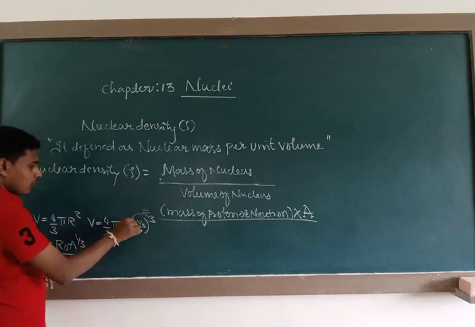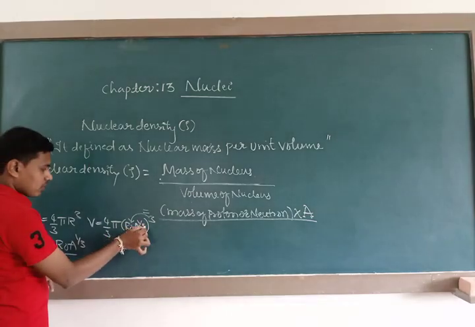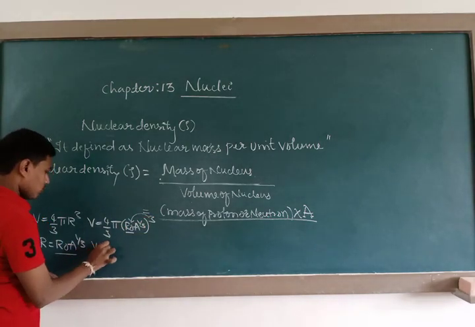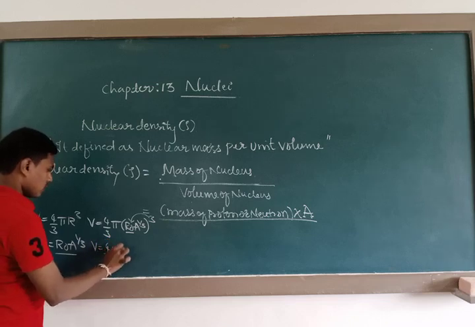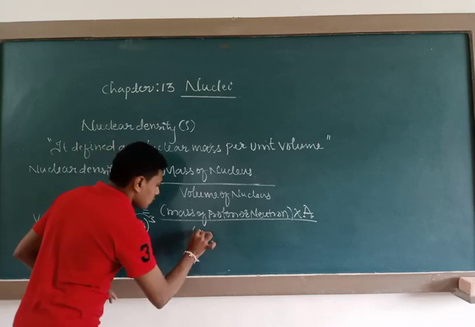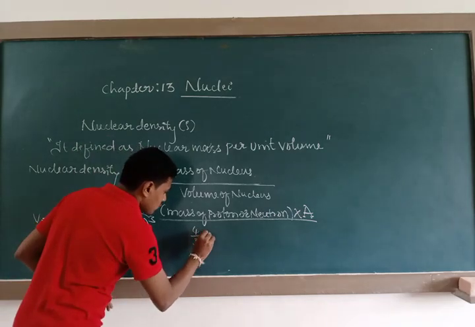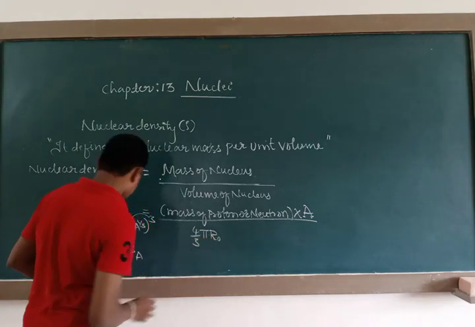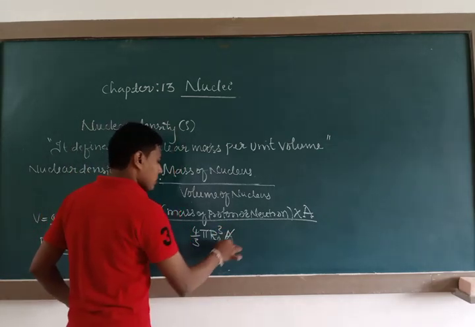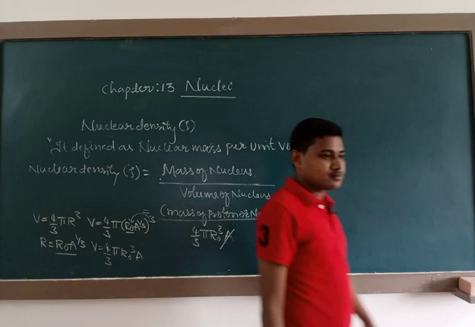So this becomes r naught cube, and A power 1 by 3 whole power 3, the 3 gets cancelled. So volume becomes 4 by 3 pi r naught cube into A. Here A gets cancelled.